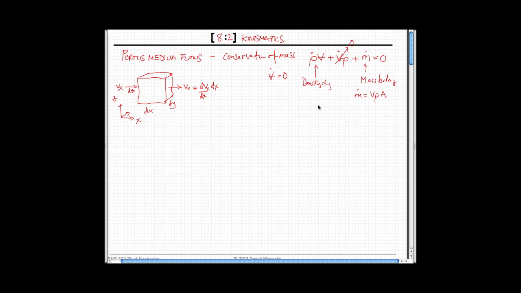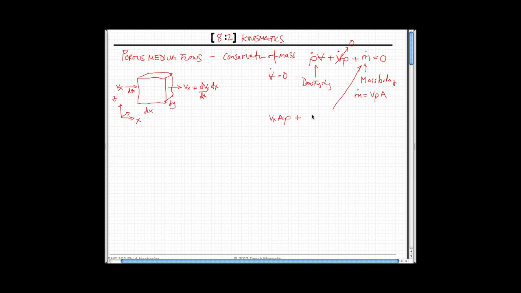So if we wanted to write this out in some way, we could look at each of those terms in separation. And so what would this mass balance term look like? Well, how much do we have going into this upstream face? We have the velocity in the x direction, we have the area, and we have the density.